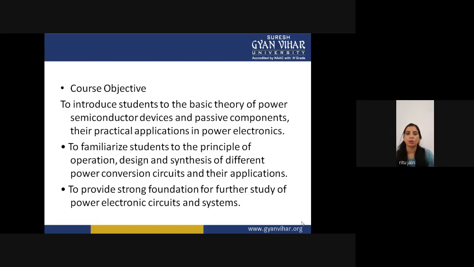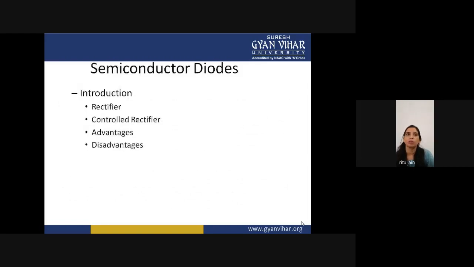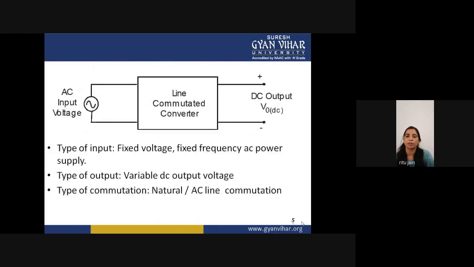And the course outcome: I'm expecting that after this lecture students will be able to understand the different types of converters or rectifiers, the difference between controlled and uncontrolled rectifiers, the advantages, and which kind of power electronic devices are used to make the controlled rectifier. So these are the semiconductor devices, diode, controlled rectifier, advantages and disadvantages.